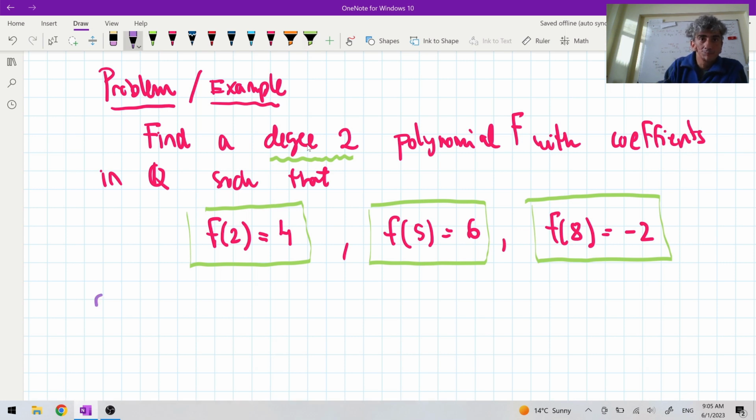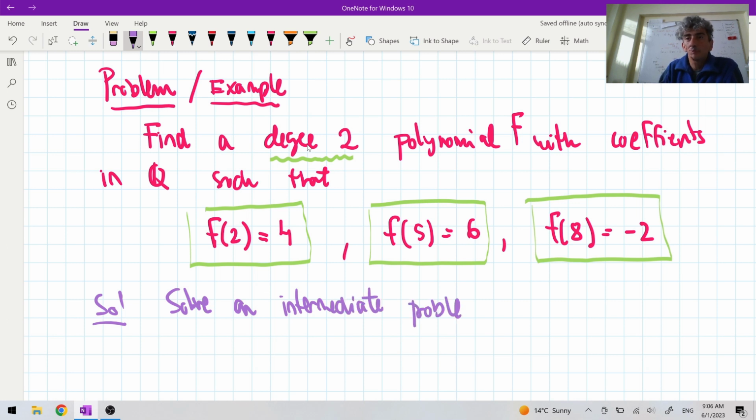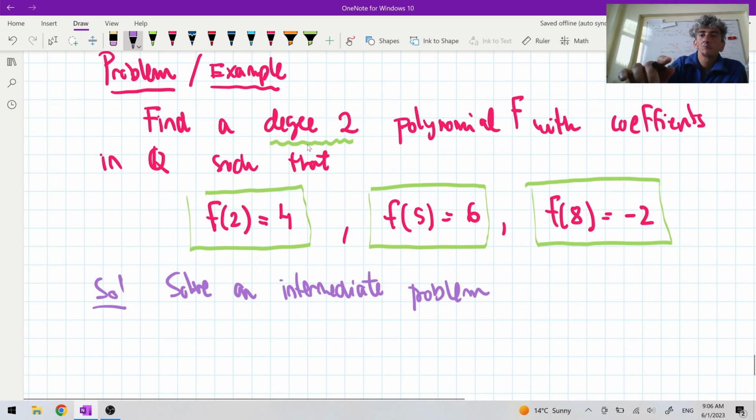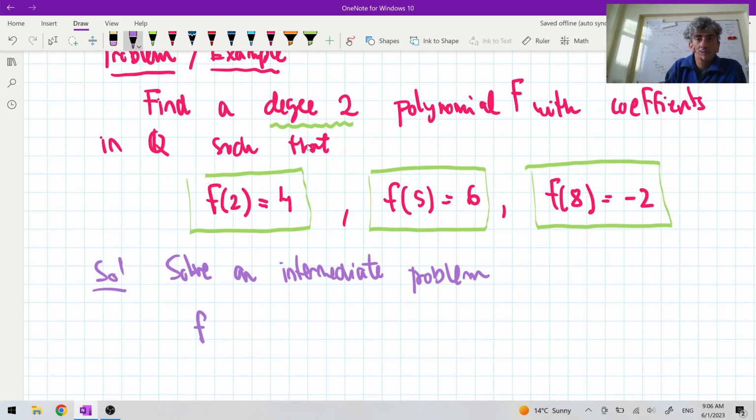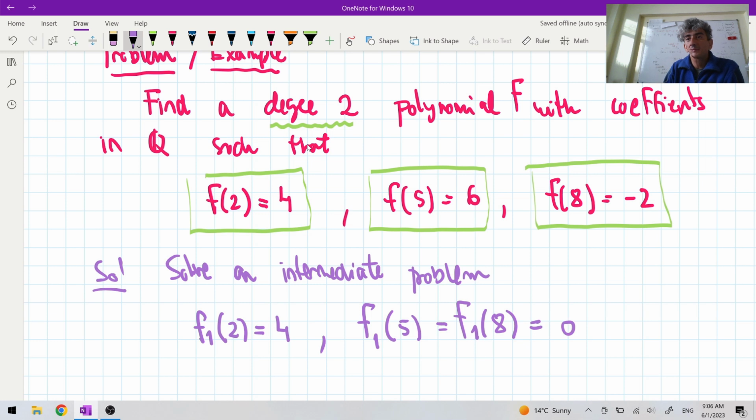Solution. So one strategy will be to solve an intermediate problem. We're gonna find an f1 such that when we plug in 2, we get 4, and then when we plug in 5 and when we plug in 8, we get 0.